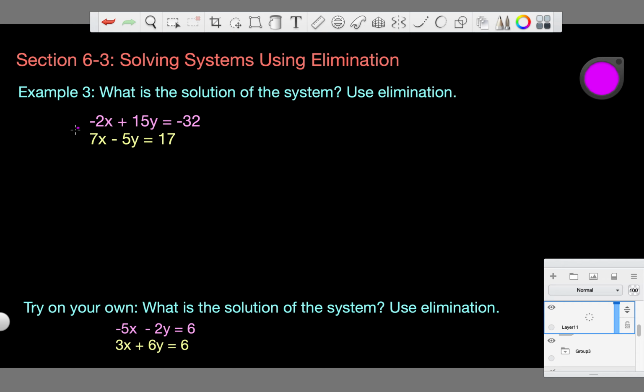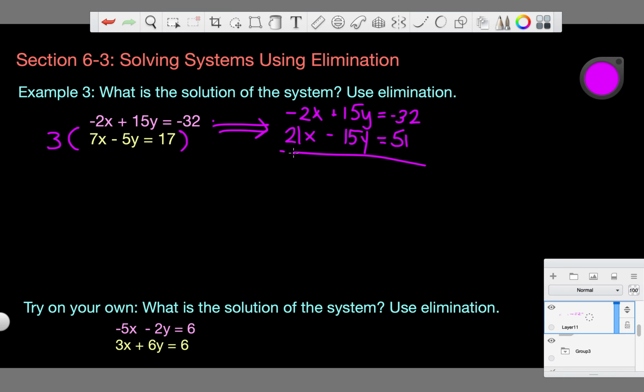So what we're going to do is multiply this entire equation by 3, and we're going to rewrite our entire system over here. So we're left with 2x plus 15y, I'm not changing that, equals negative 32. And then when I multiply by 3 by everything, I'm left with 21x minus 15y equals, and 17 times 3 gives me 51.